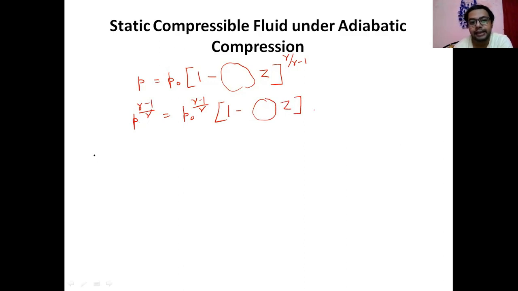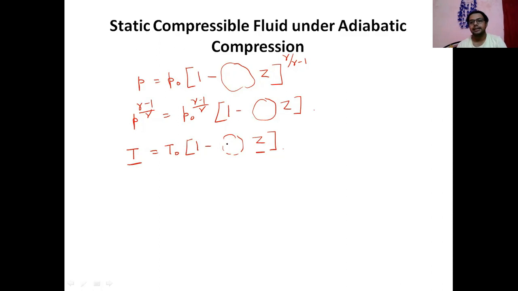So what does the P and T relation in adiabatic compression give? The P and T relation is like this, with some constant term by z. So with the z variation, you can see the temperature variation, and whatever constant is coming will be the lapse rate.